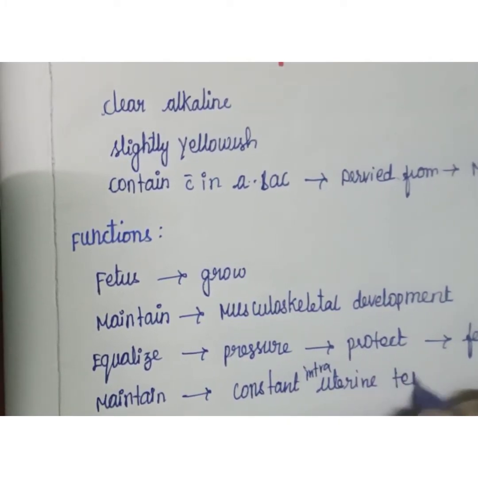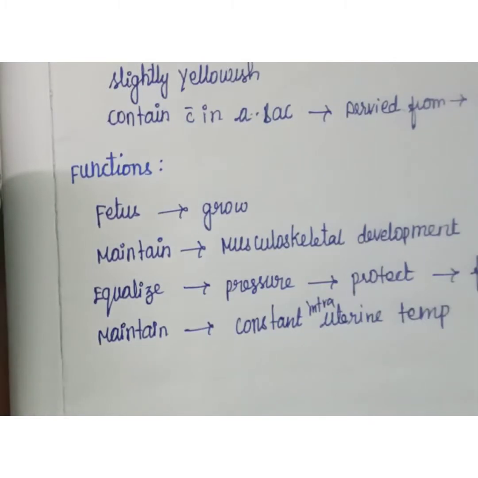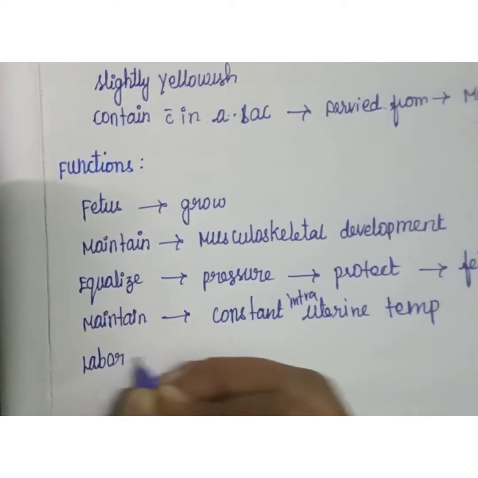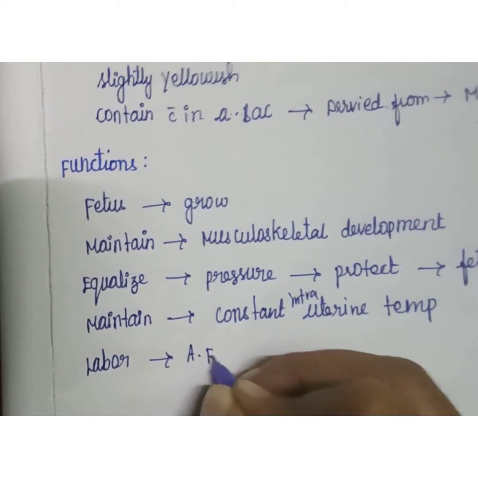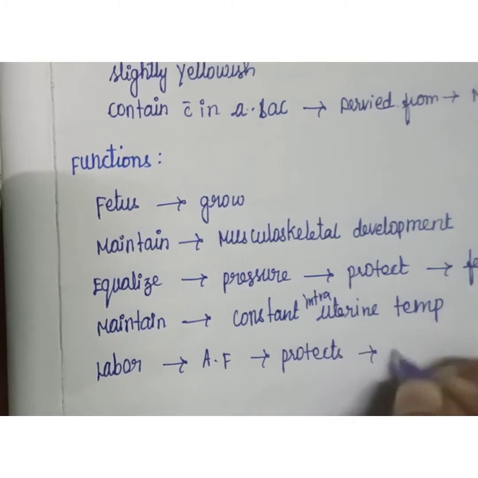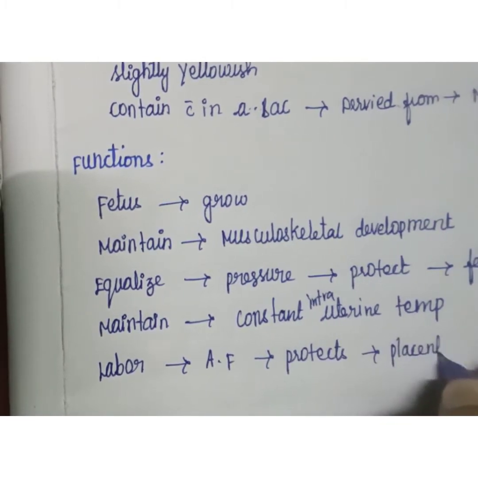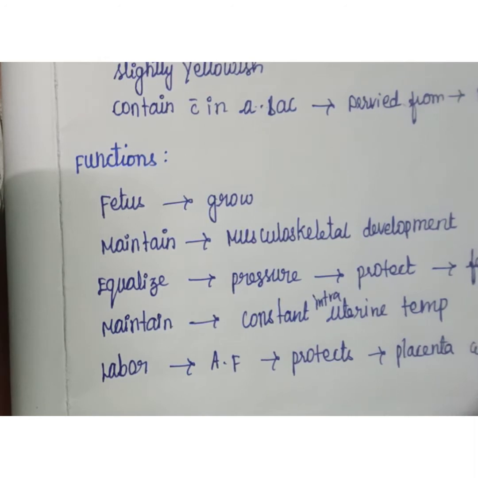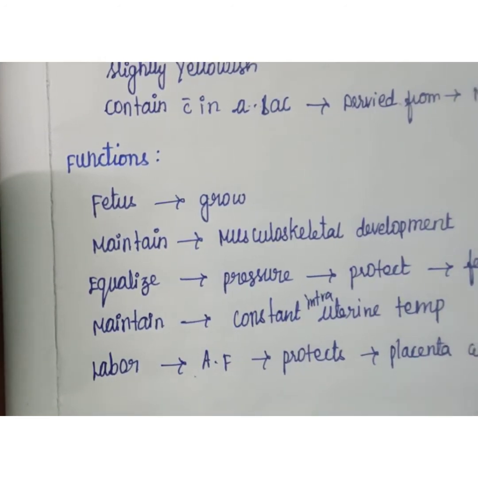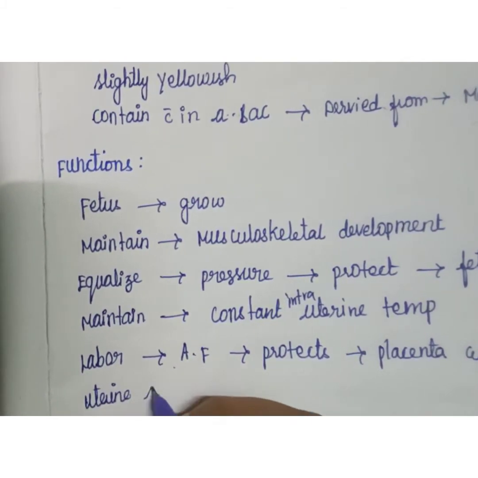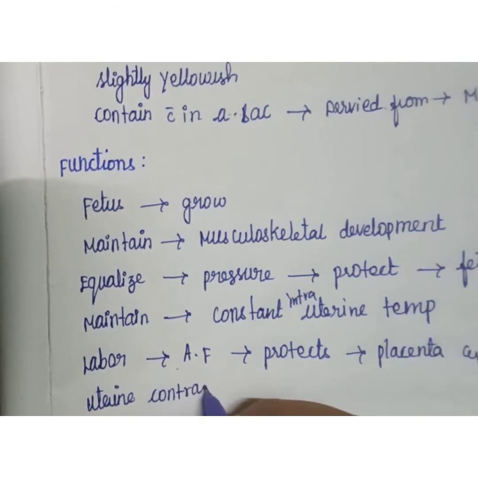During labor, during uterine contraction, the amniotic fluid protects the placenta and membrane. So these are the functions of amniotic fluid.